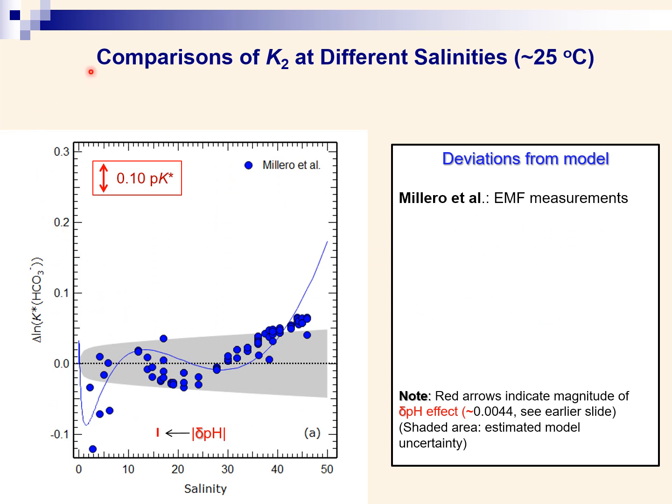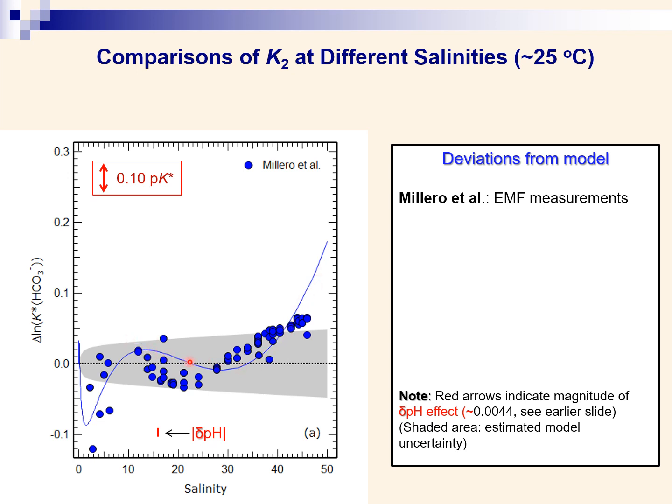Next, we carry out exactly the same kind of comparison with K2 for different salinities at 25 degrees centigrade. Again, we begin in blue here with the 2006 results of Millero et al. and the fitting equation in blue here.